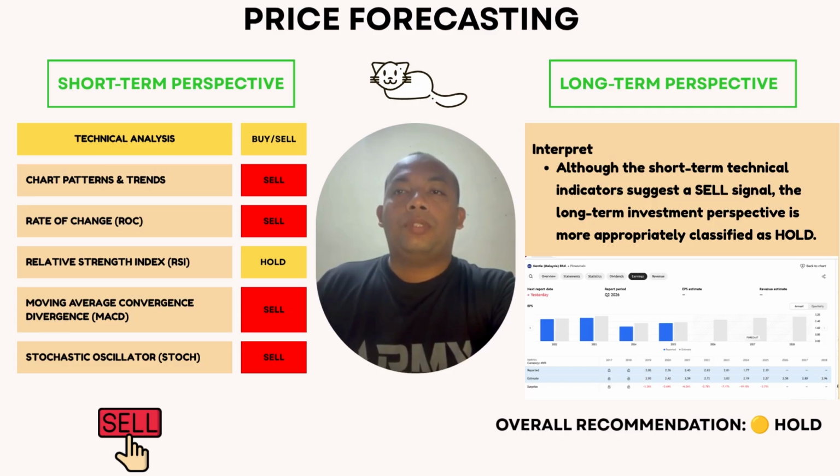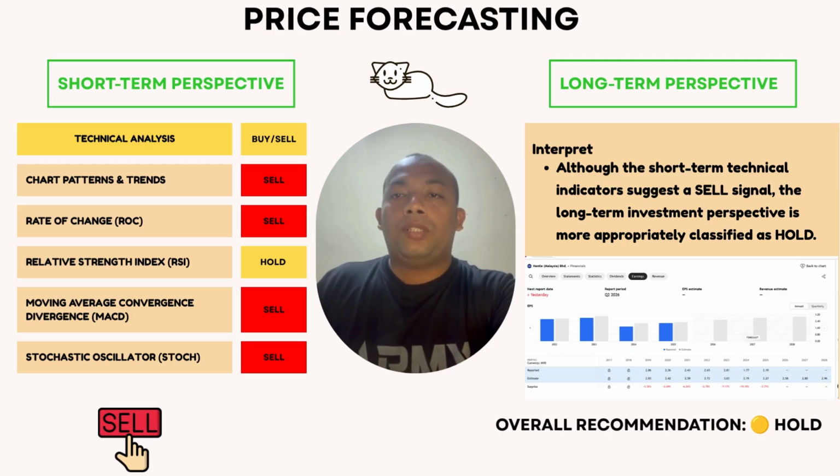Finally, a summary of the five technical indicators. The overall technical analysis suggests the chart pattern and trend is sell. Rate of change is sell. Relative strength index is hold.